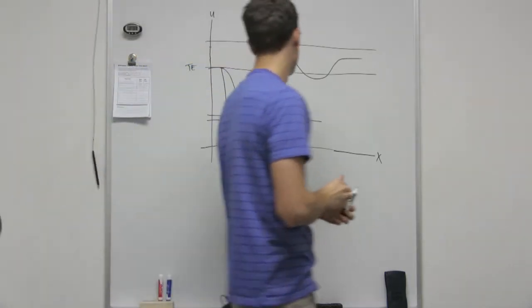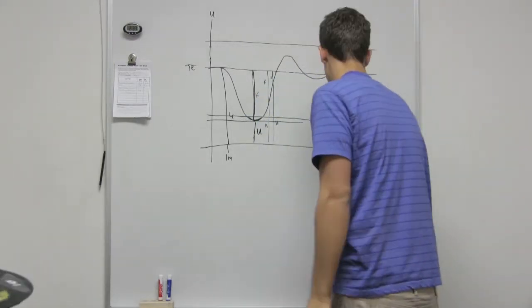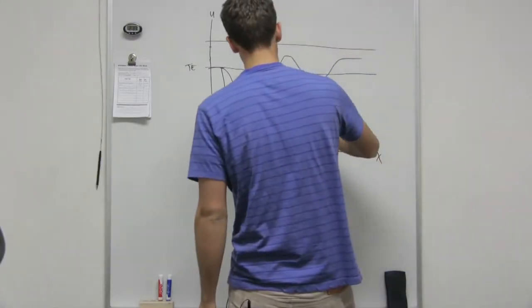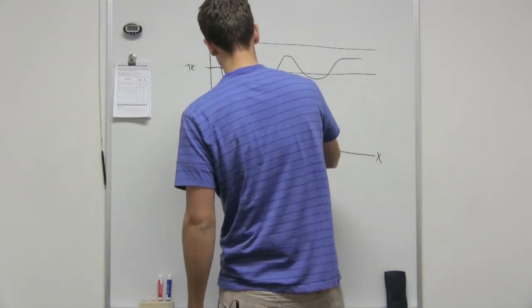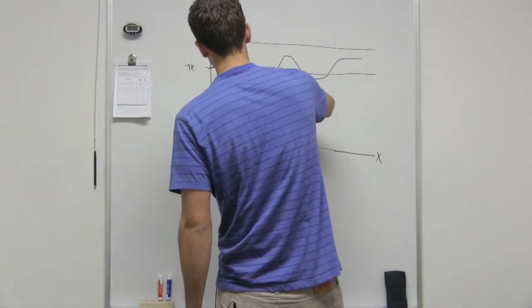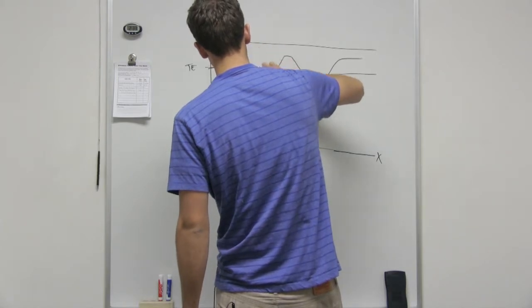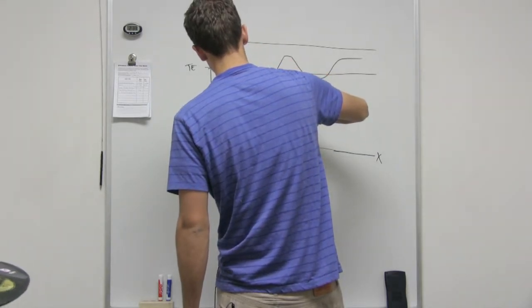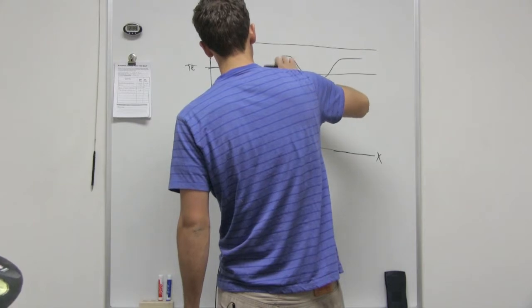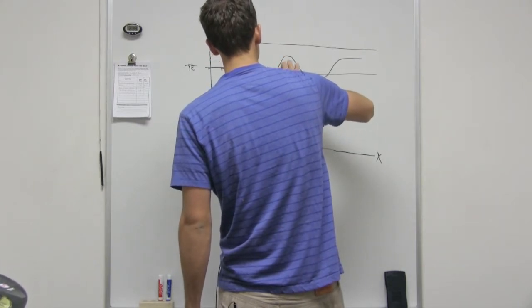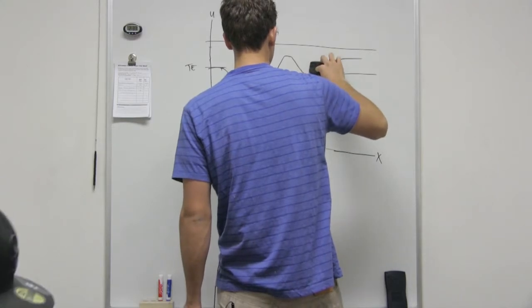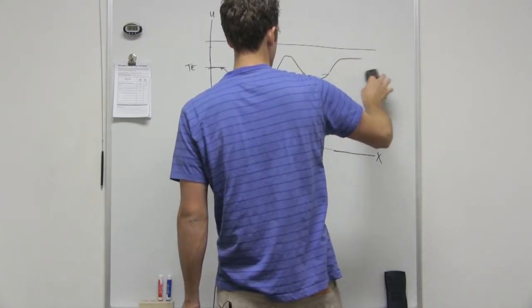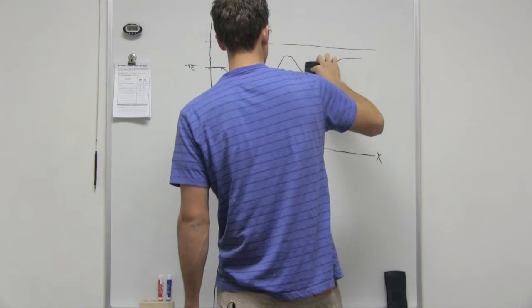Okay. So I'm going to erase this and, well, let's say this line. So where could we put our potential energy, or our total energy, so that all we have is potential energy?